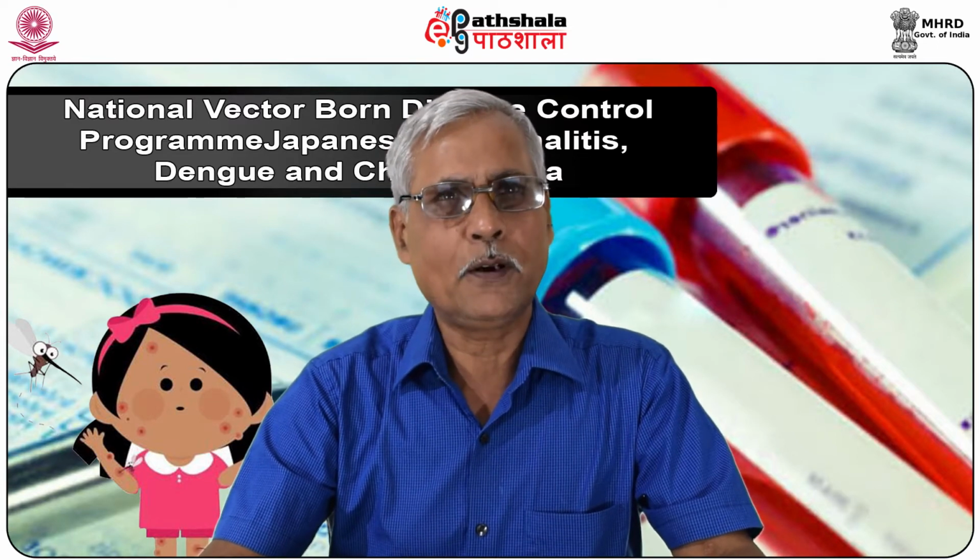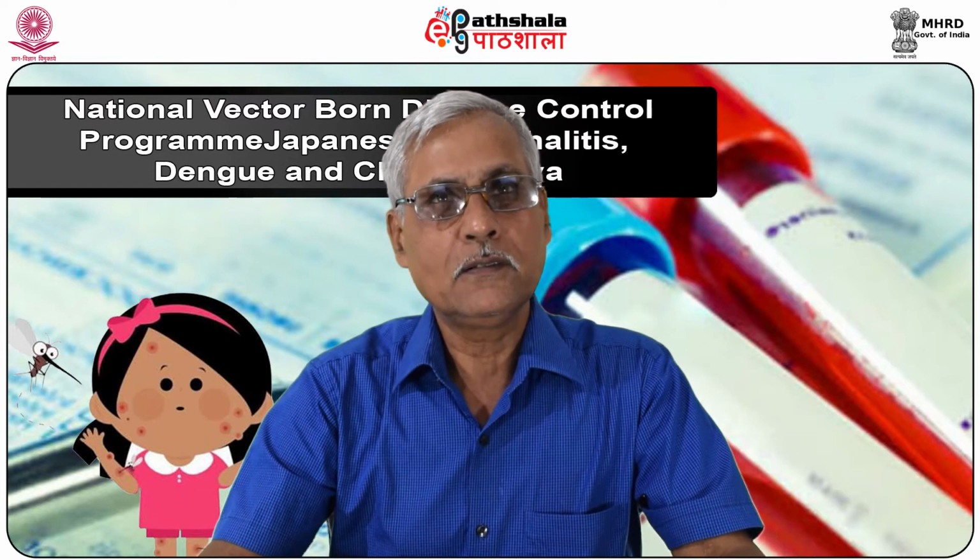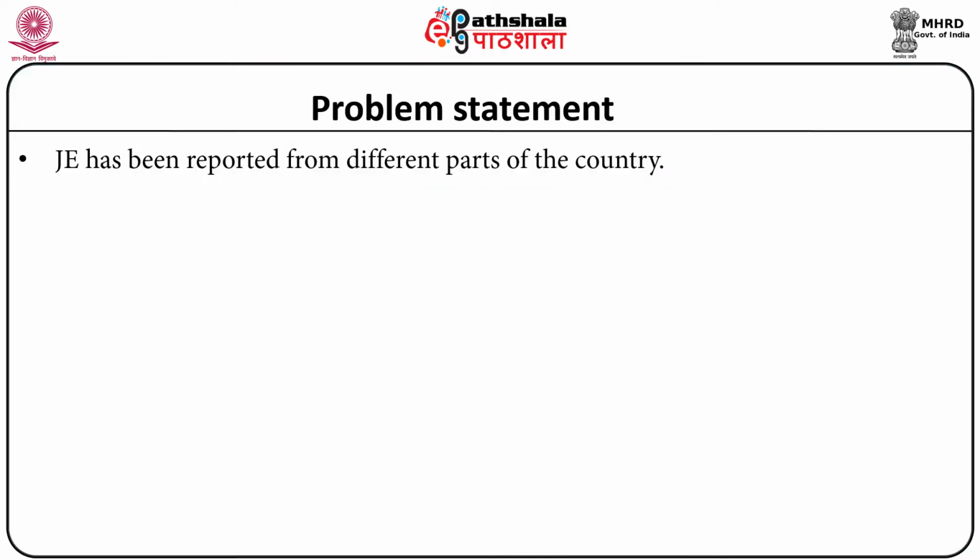JE has been reported from different parts of India. The first case came to our knowledge in the year 1955, and it was detected by CMC Vellore. The disease is endemic.